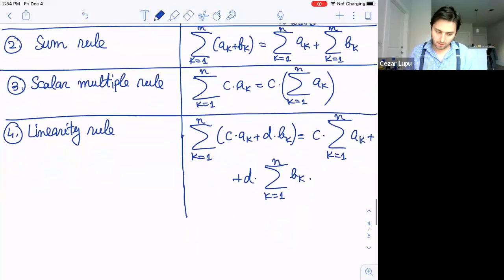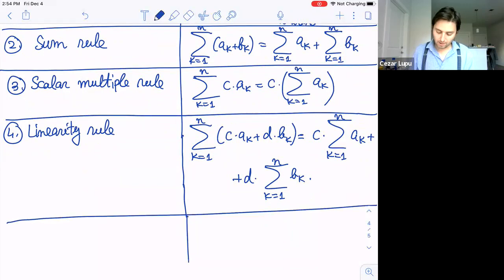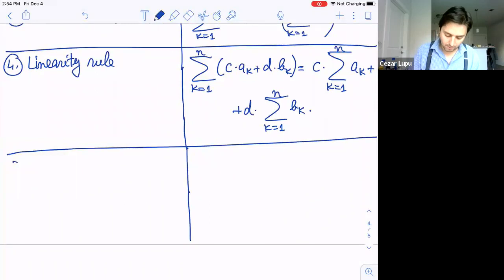Okay. And now let's call this the subtotal rule. Anyway, I wouldn't have called it like this, but the fifth one is the subtotal rule.